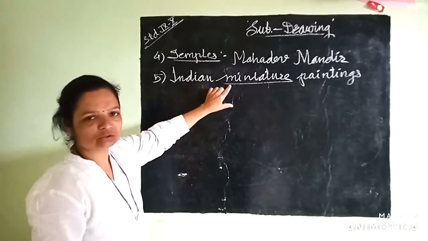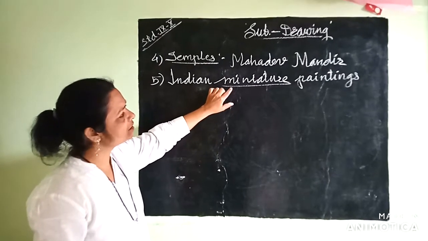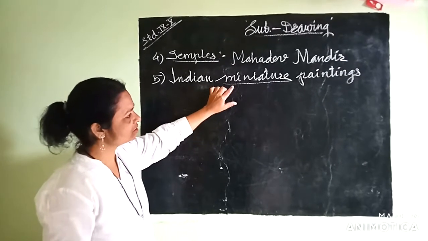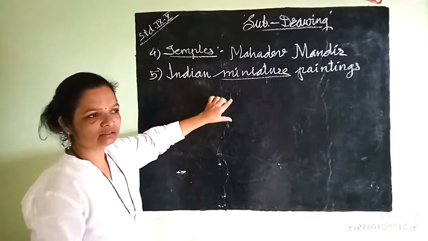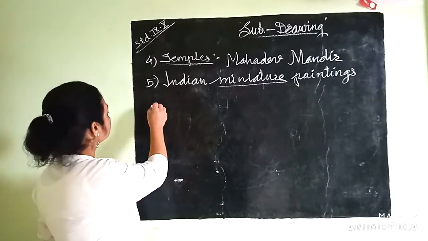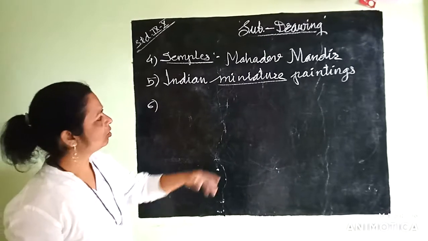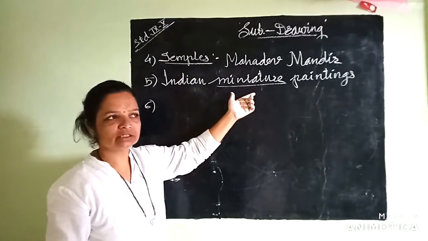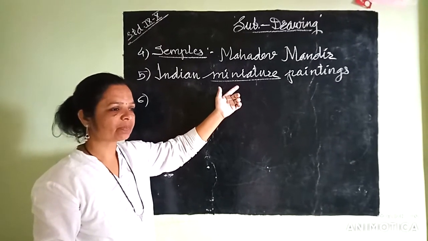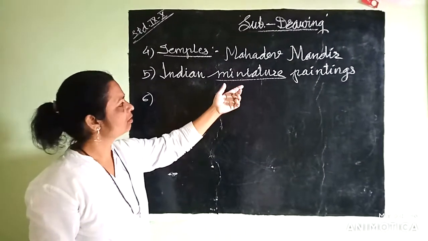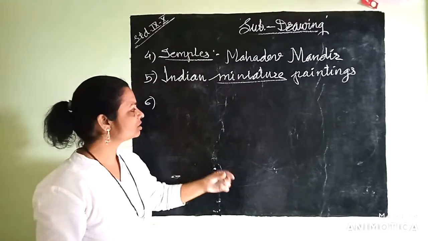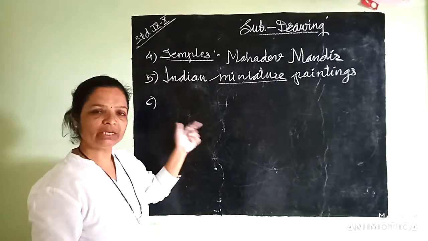When you search on the internet, you will find these miniature paintings, the artists, the colors, very detailed, bright colors. You can write all about these things, or the subject of the picture, whether it is about hunting or the portrait of an emperor. Whatever the subject be, write down the related features of that particular miniature.